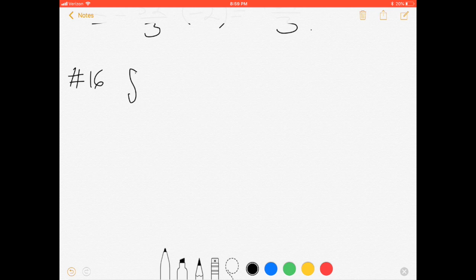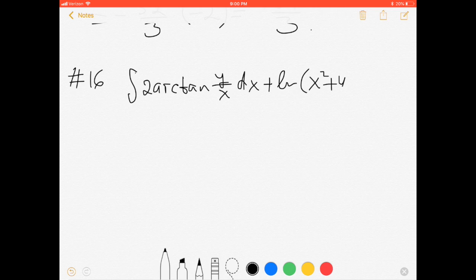We need to evaluate 2 arctan y over x dx plus natural log of x squared plus y squared dy.